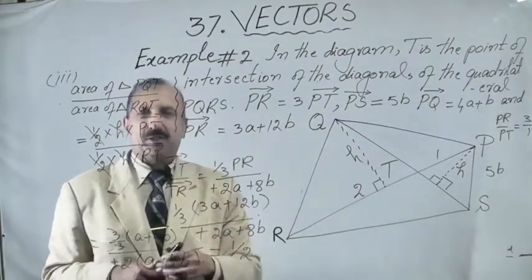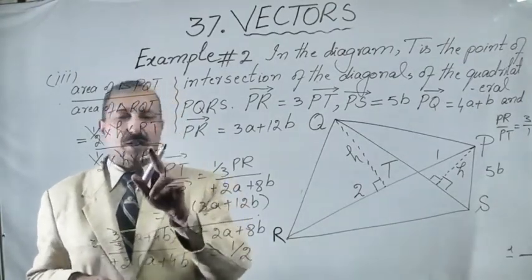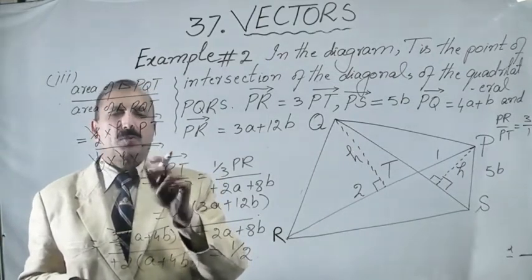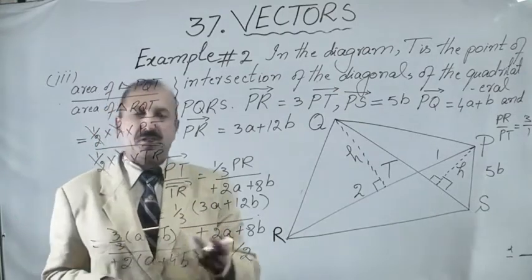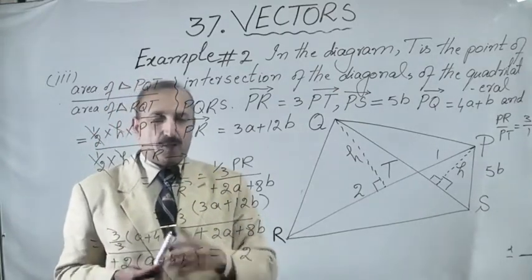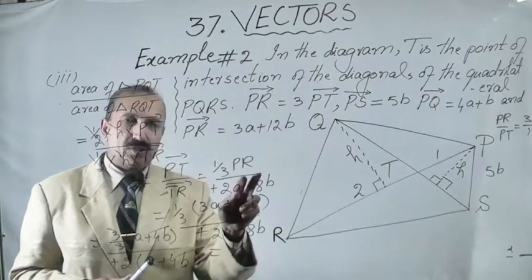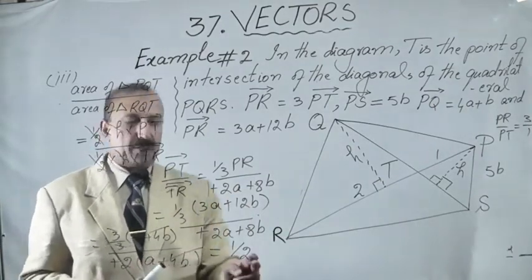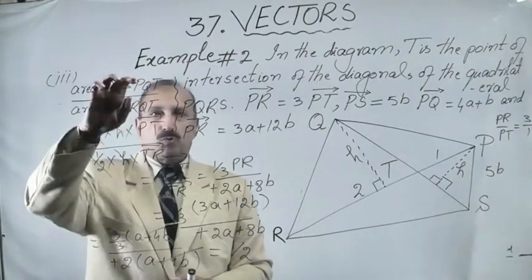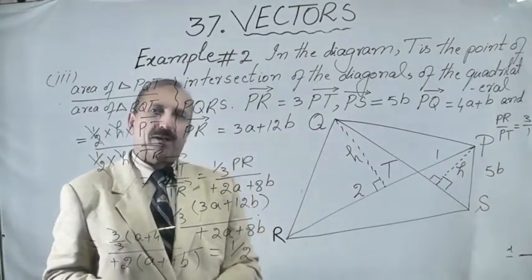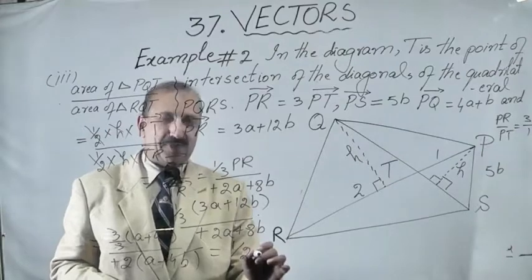We need to write here not RT but TR, because both vectors should have the same direction, PT and TR. I substituted their values and simplified, and finally I got this ratio between the areas of these two triangles, PQT and RQT. Here is the answer.